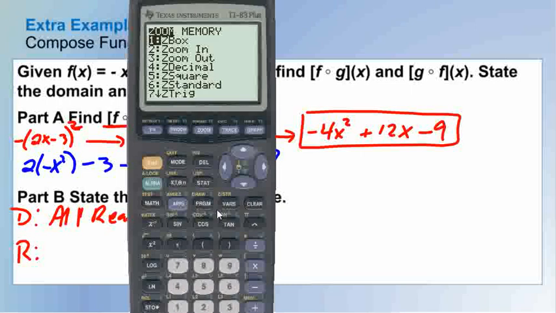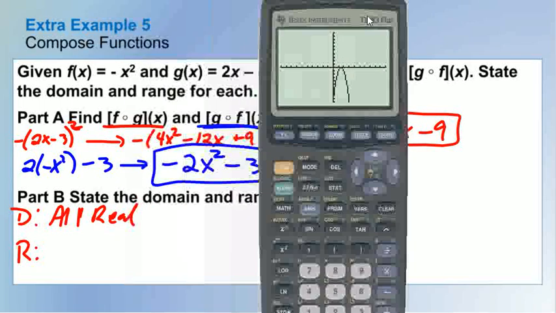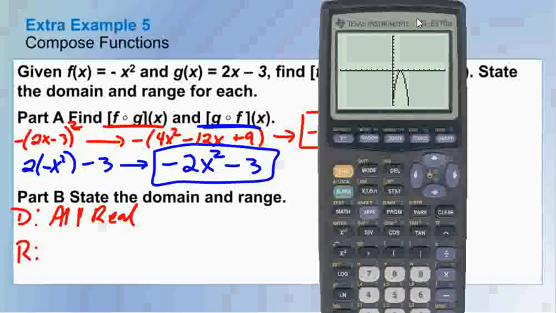I hit zoom number 6, the standard window. You see our graph right here. It never goes above 0. So my range for this one would be y such that y is less than or equal to 0.